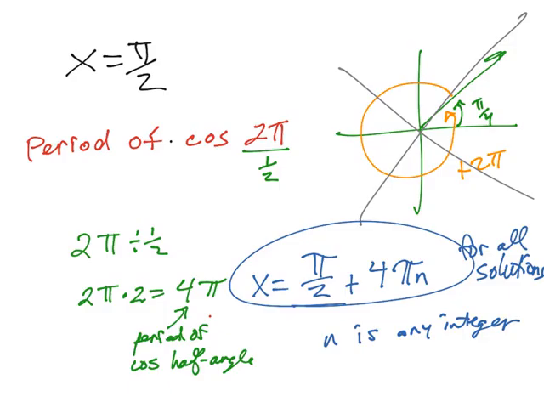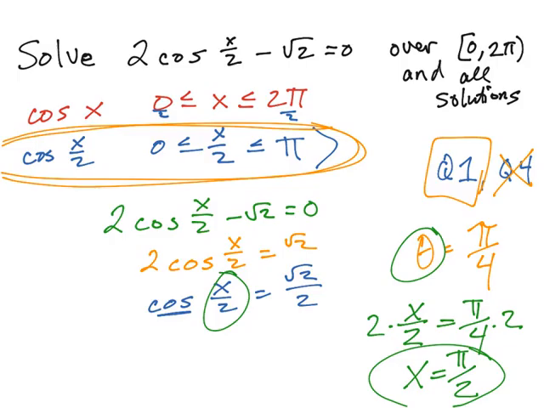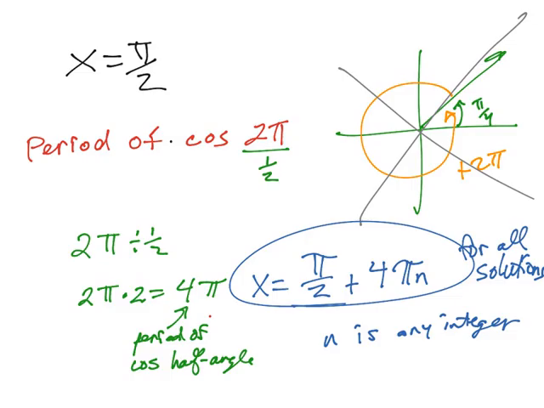Now, one other thing to think about, we need to go a little bit further. Initially in this question, we were only playing on our interval from 0 to 2 pi, because it's a half angle, we played from 0 to pi, which is how we got pi over 2. When we switch to all solutions, so our second part, yes, pi over 2 plus 4 pi n is part of that.